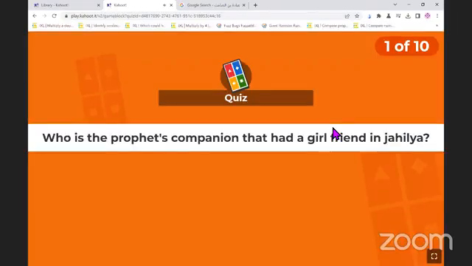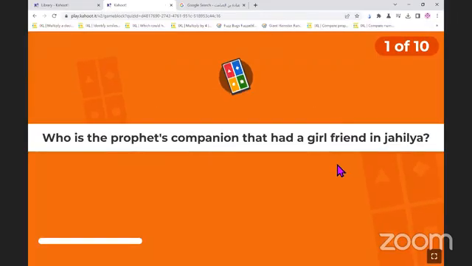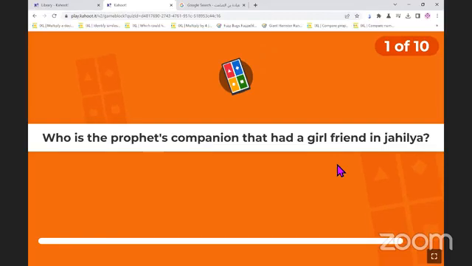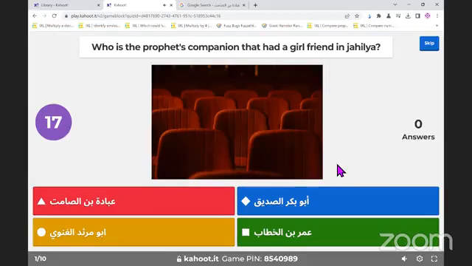Who's the Prophet's companion that had a girlfriend in Jahiliyyah? Ubadah ibn as-Samit, Abu Marthad al-Ghanawi, Abu Bakr as-Siddiq, Umar ibn al-Khattab. It was hard to write it in English actually.